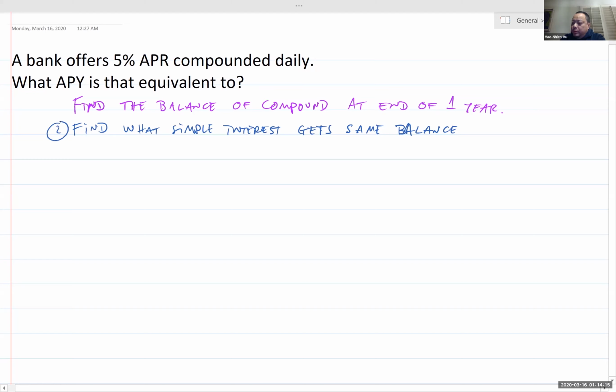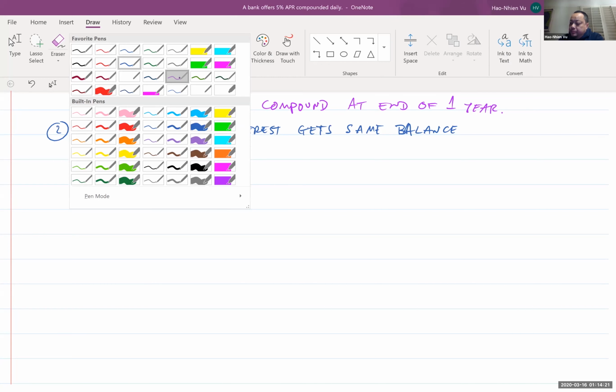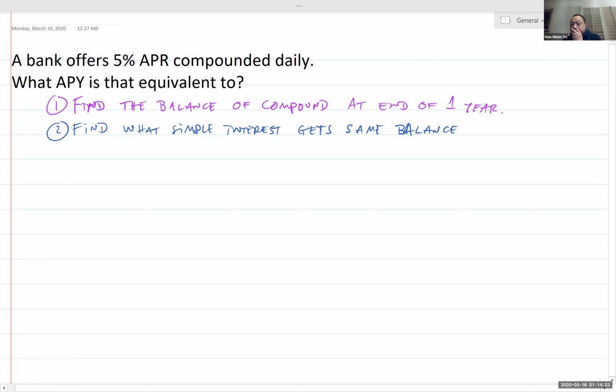So that would be my step 2. Right, so step 1. Find the balance of compound interest.